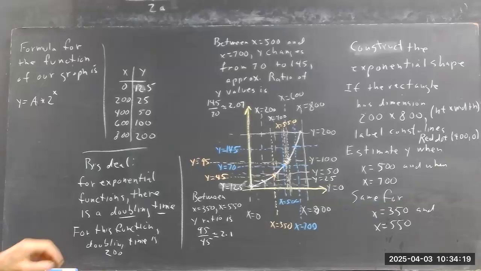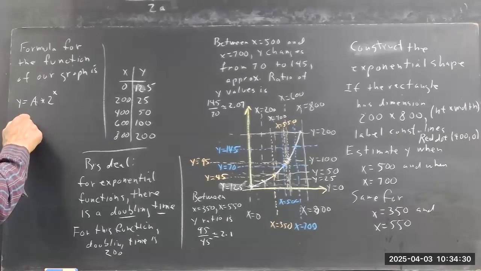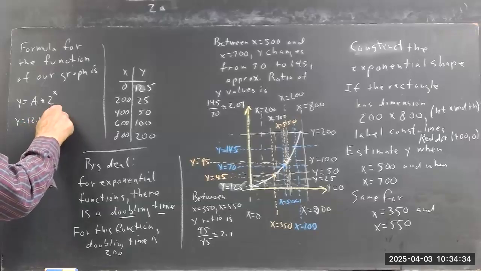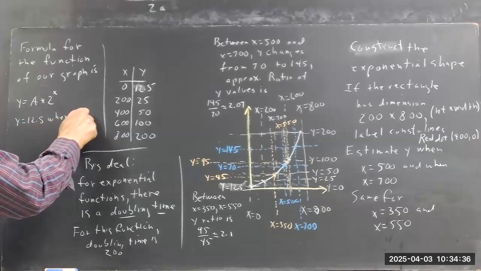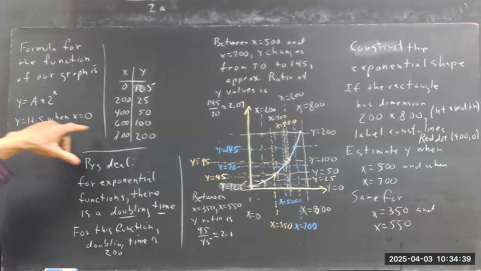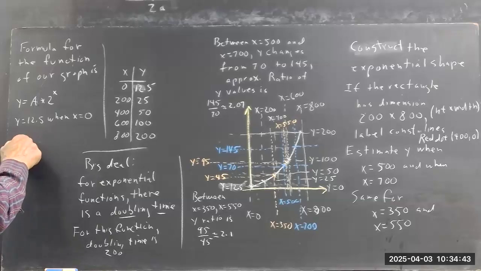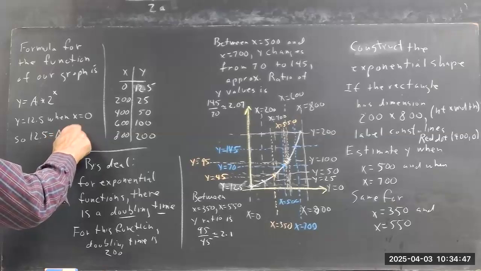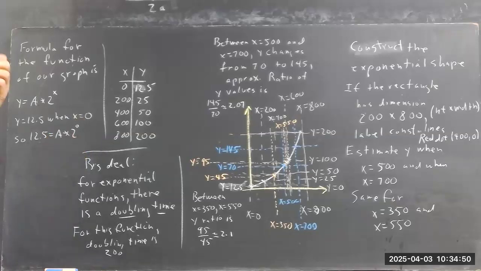It's y equals a times 2 to the x. Okay. y equals 12.5 when x equals 0. So 12.5 equals a times 2 to the 0.